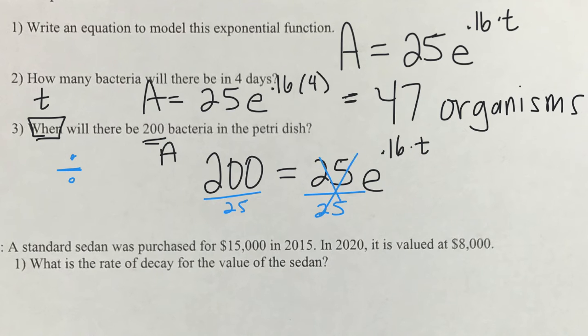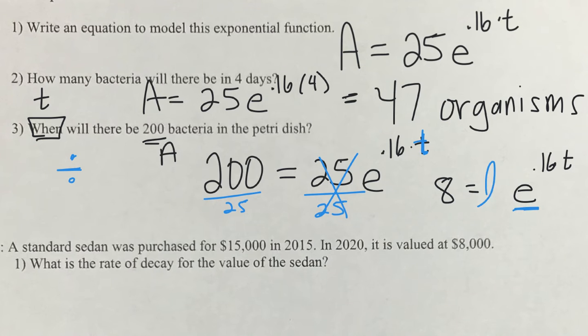Okay, we want to get rid of our coefficient so we can solve for t in our exponent. So 200 divided by 25 is 8 equals e to the 0.16 times t. So now I want to get rid of the base of my exponential, which is e. So I need to take the log with the same base.